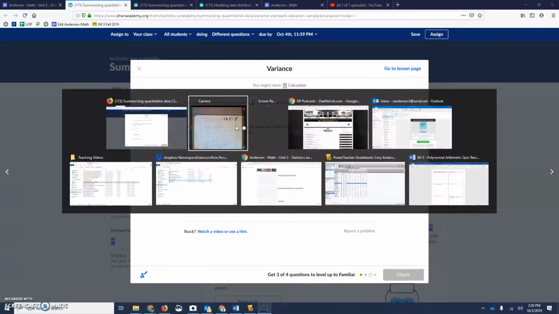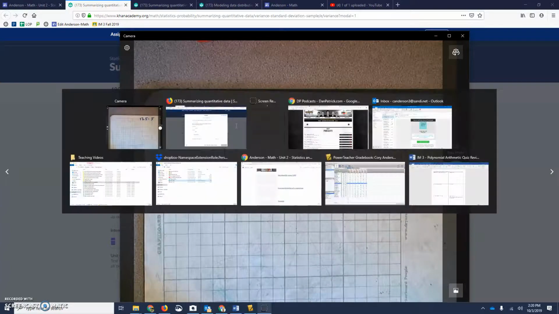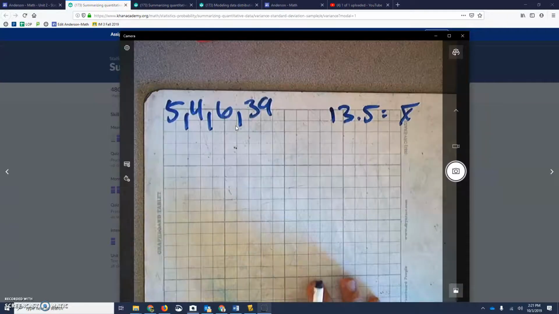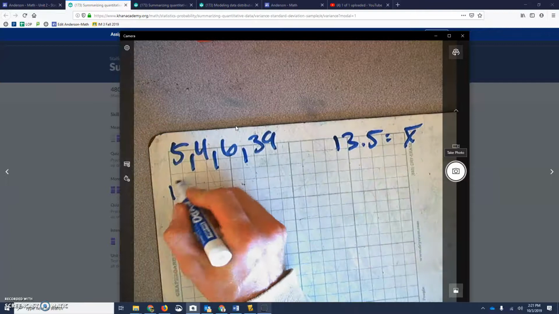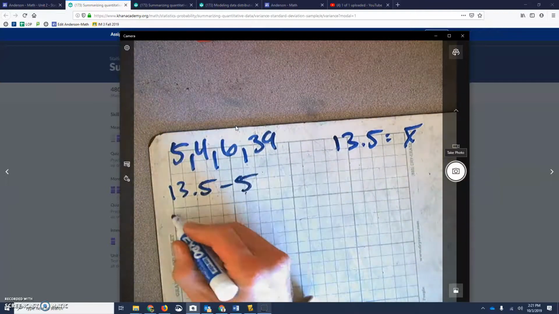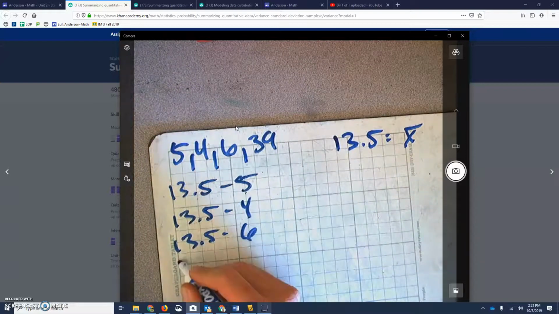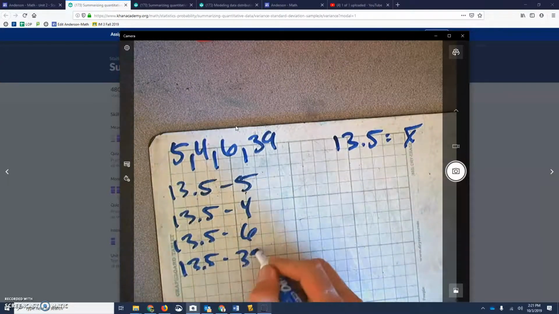Okay, so here is my work. Our average is 13.5. Let's write down 5, 4, 6, and 39. Okay, so I'm going to do 13.5 first minus 5, minus 4, minus 6, and minus 39.